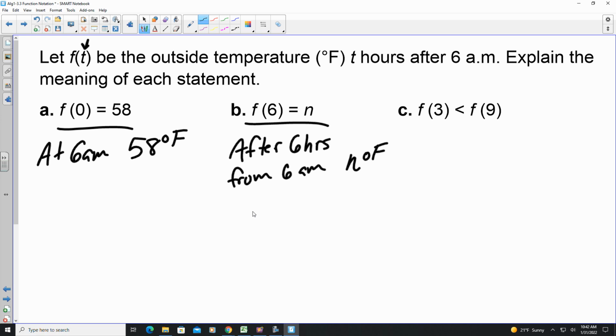And then for C, it says f of 3 is less than f of 9.